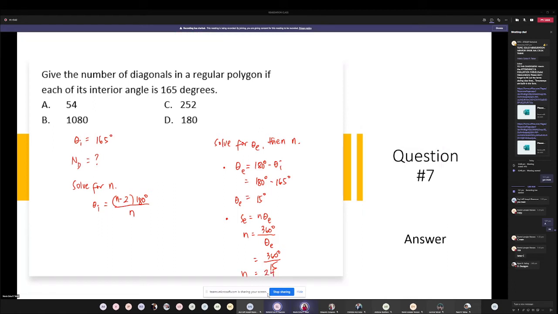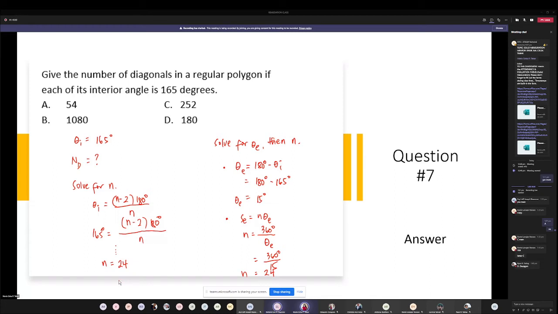Again, this method is shorter compared to the other one. Let me just show the first part of the solution. You need to have the quadratic equation, which is longer. After computing for n in the quadratic equation, for sure you come up with a positive value of 24, and another value of n, which is for sure negative 1.